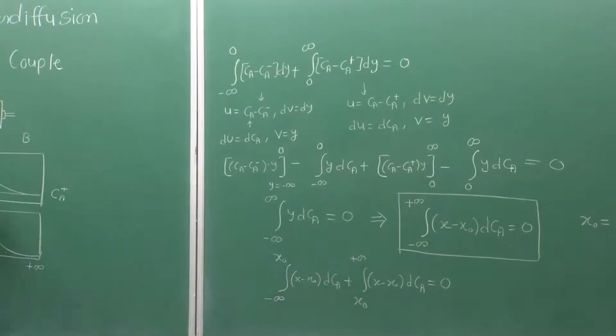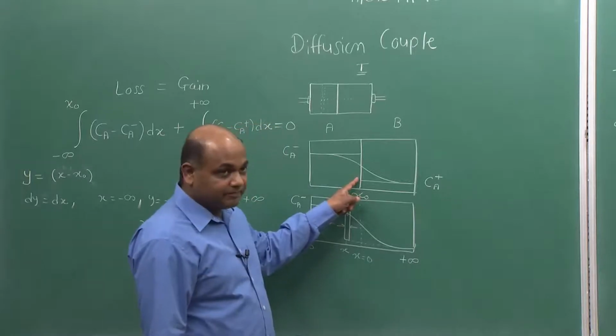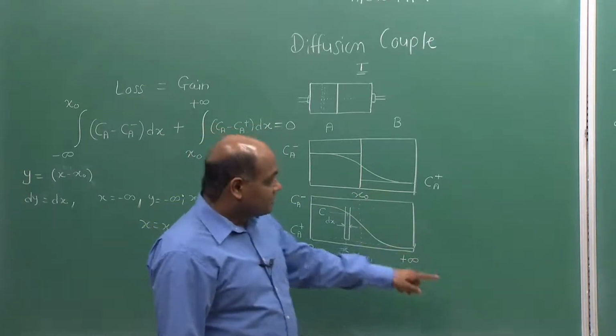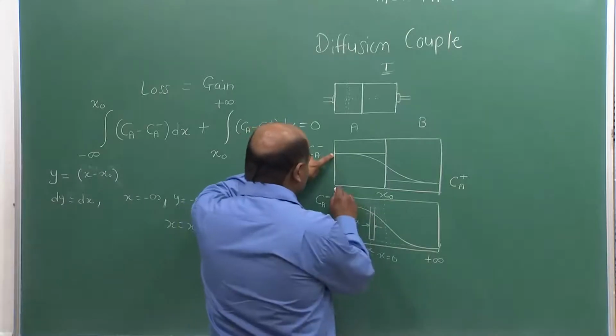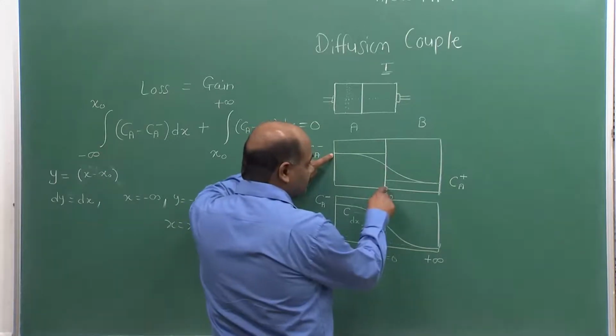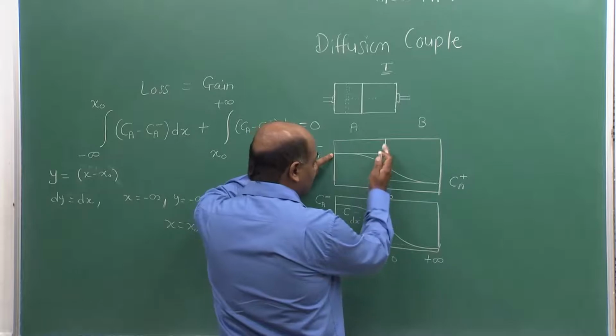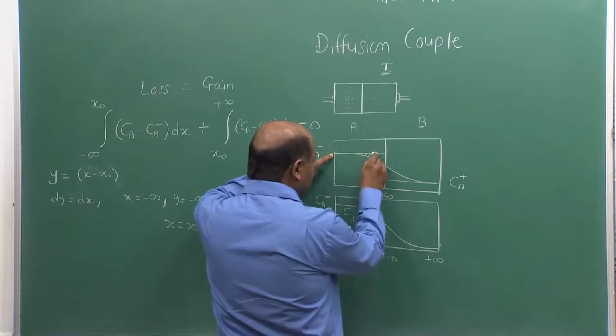So, if we look at this figure here, the integral from minus infinity to x naught is the area under the curve plotted onto this x naught. So, it represents this area.